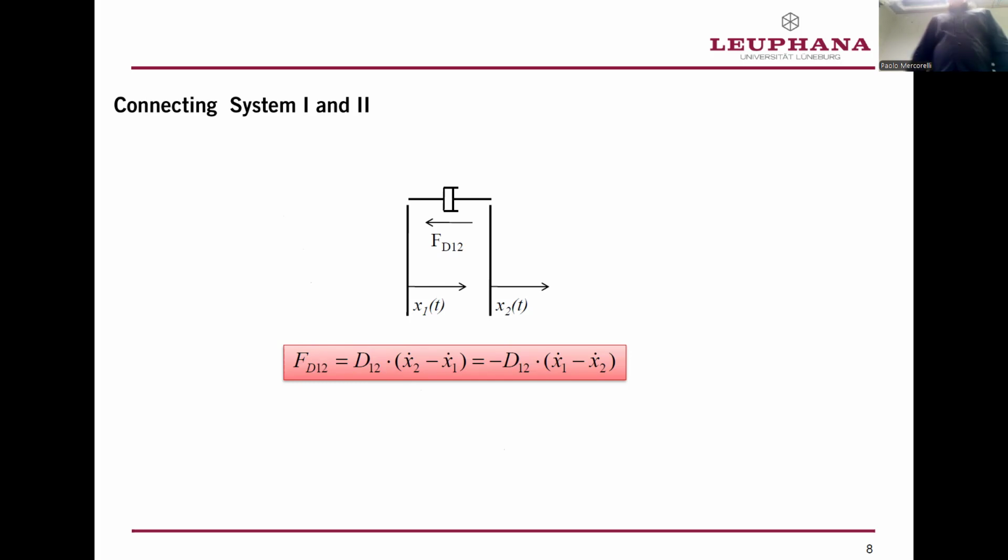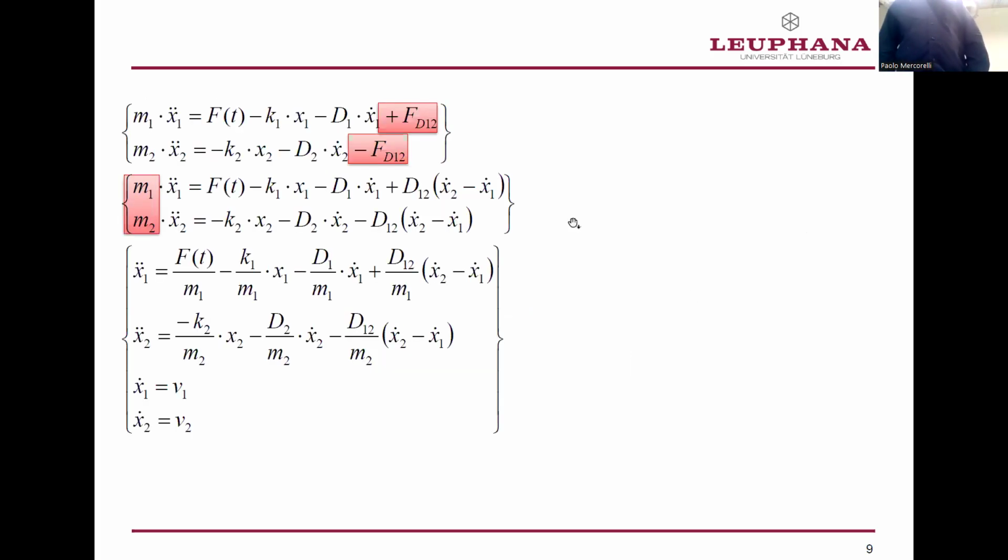Now, when I can use this one, when I can use that one, it depends on which balance I am considering. Let me express here what I intend. Look, in the first equation, I have a plus. In the second equation, I have a minus. Why that?